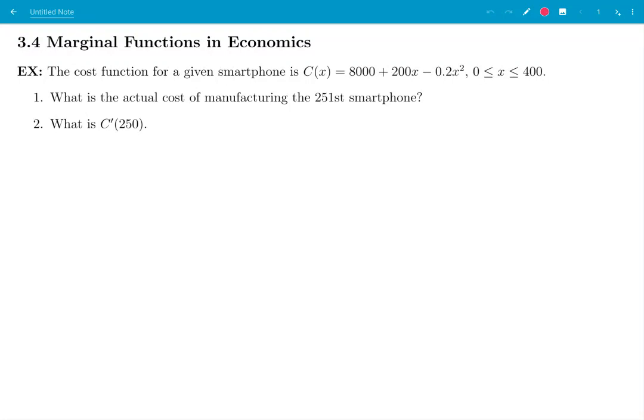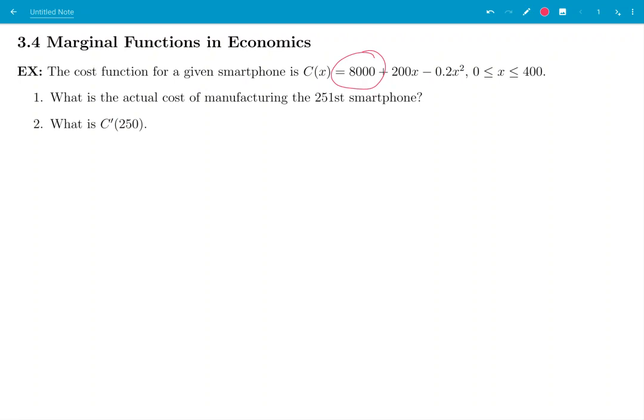Okay, so you imagine you are, say, Samsung, and you're making smartphones, and X is the number of smartphones you're going to make, and this expression here will tell you how much it's going to cost you to make those smartphones. So you have to have a certain amount of, I guess, what you call overhead.